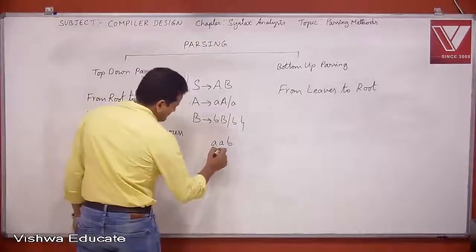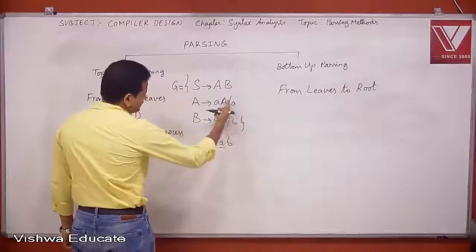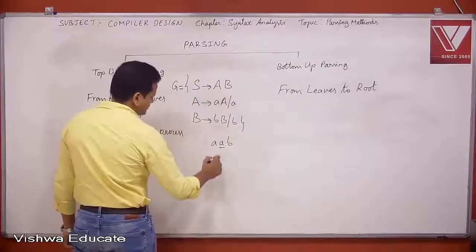In this A place, A will be reduced with the left side of the production. What is that?